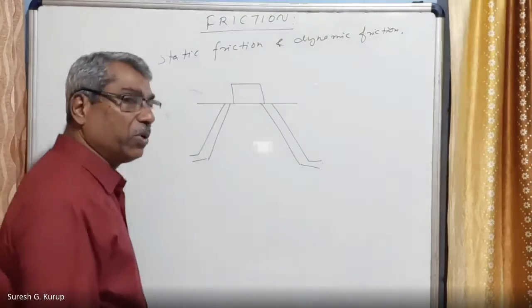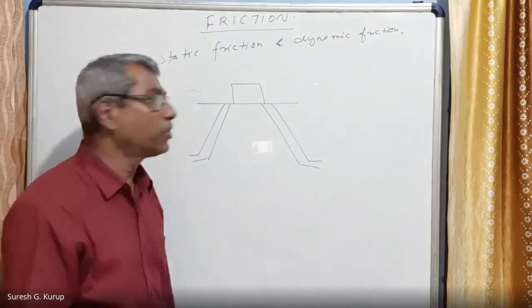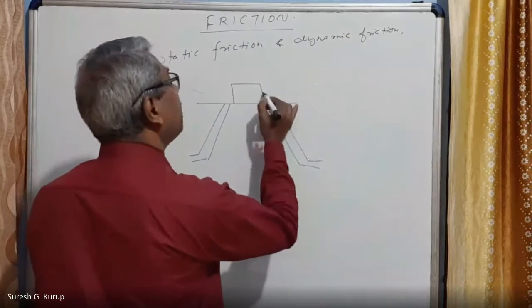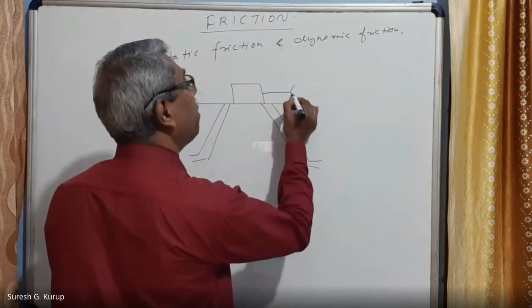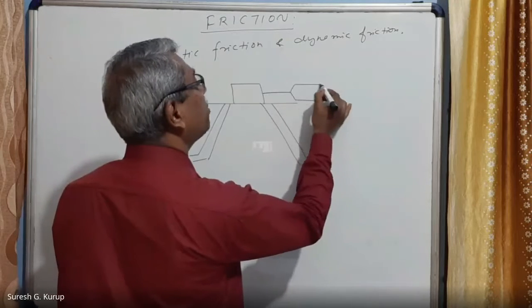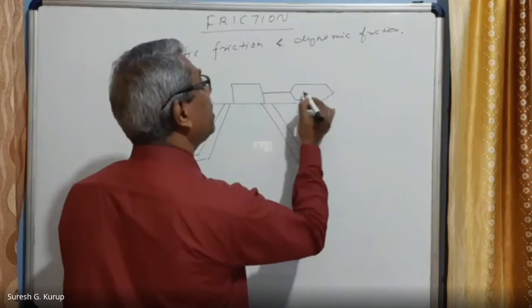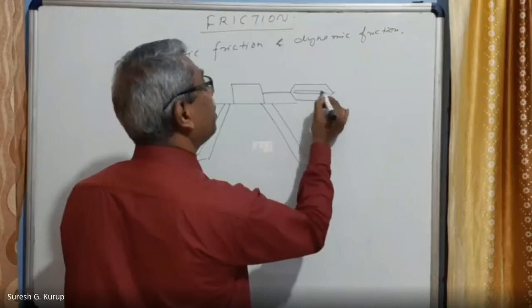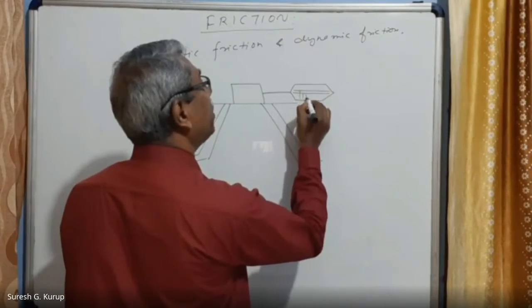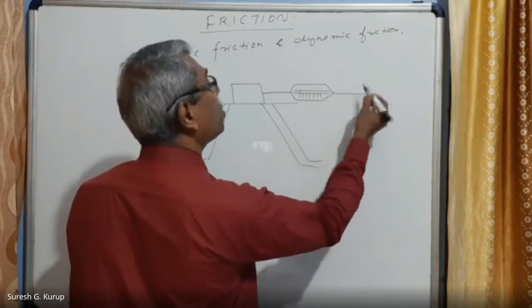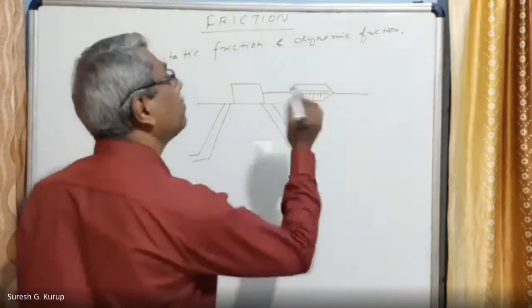But first I'm going to talk about static friction. Now we see that with the help of a string, it is connected to a spring balance. This is a spring balance, because with it we can know the force. A pointer is there, and also many values of force are marked. It is kept like this, a spring balance.